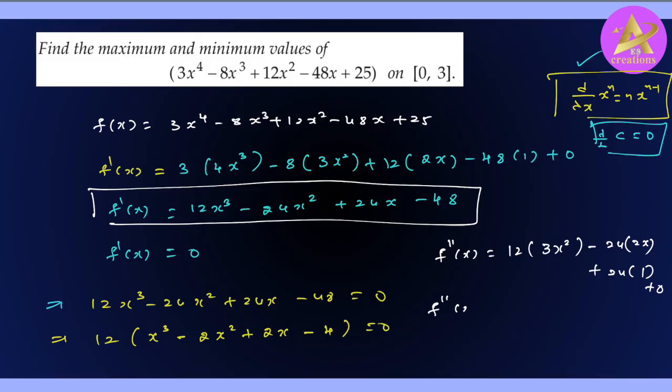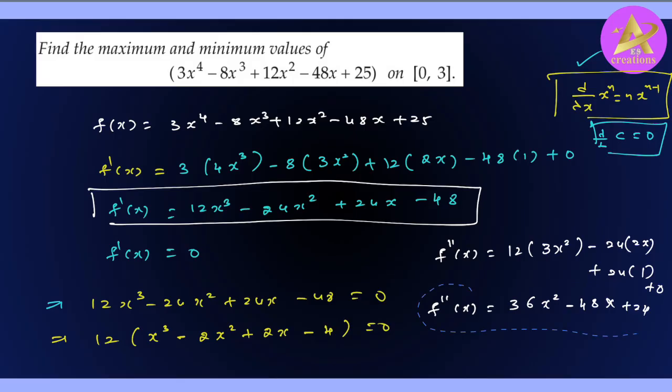F double dash of x equals 36 x square minus 48 x plus 24, right?